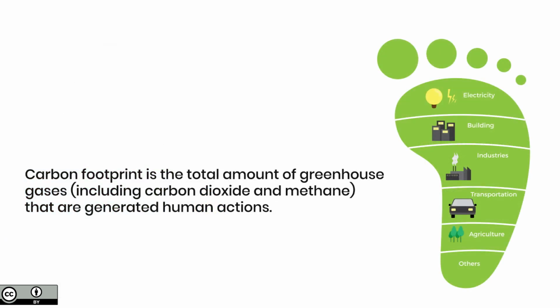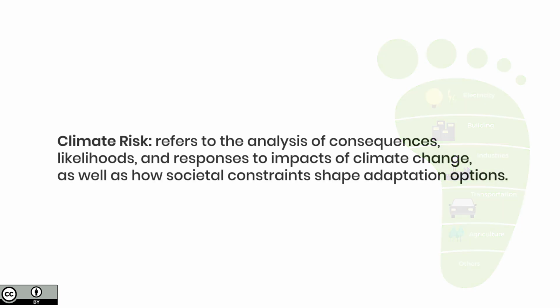Carbon footprint is the total amount of greenhouse gases, including carbon dioxide and methane, that are generated by human actions. Climate risk refers to the analysis of consequences, likelihoods, and responses to impacts of climate change, as well as how societal constraints shape adaptation options.